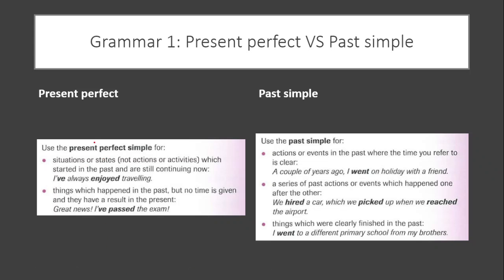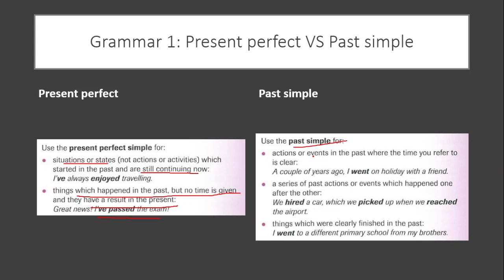Use present perfect simple for situations or states which started in the past and are still continuing now, and for things which happened in the past but no time is given and they have a result in the present. The result, the effect, you can still feel it in the present.